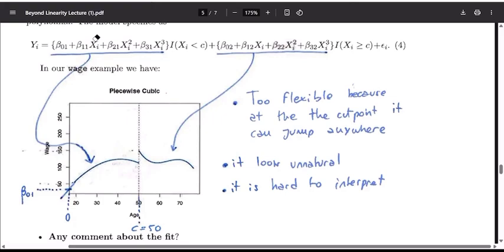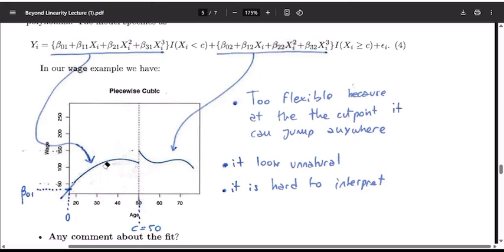More flexibility will lead to overfitting. Now we are combining a step function and a polynomial, which we call a piecewise polynomial. Here, the threshold C is 50. We can determine that using the data, using cross validation, to know which knot will work.